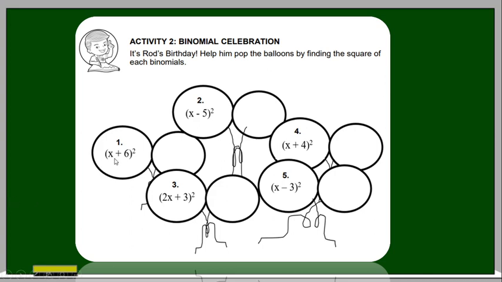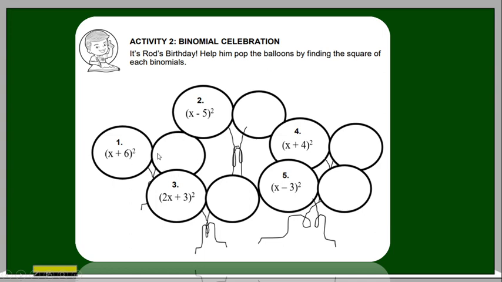For example, number 1, square of x. Next, second step, you multiply the first and the second, and then you double the result. And then for the last term, square the last term. Positive 6 squared. What is the product?